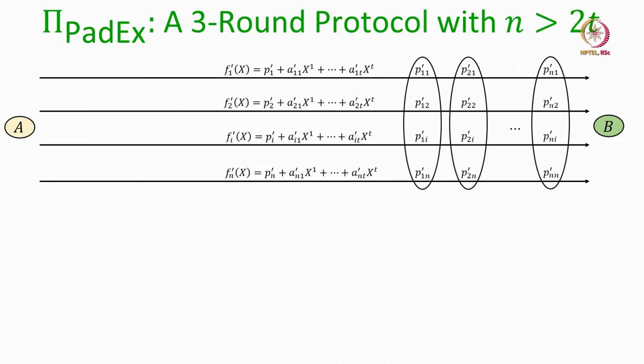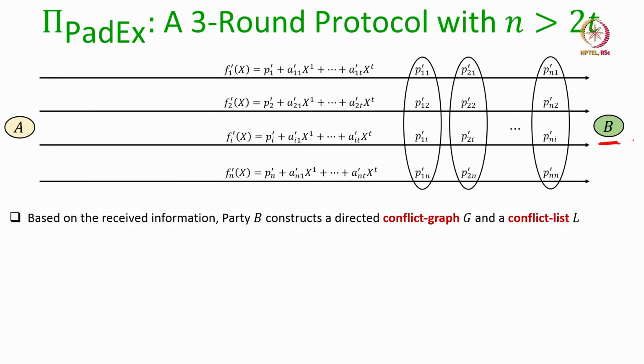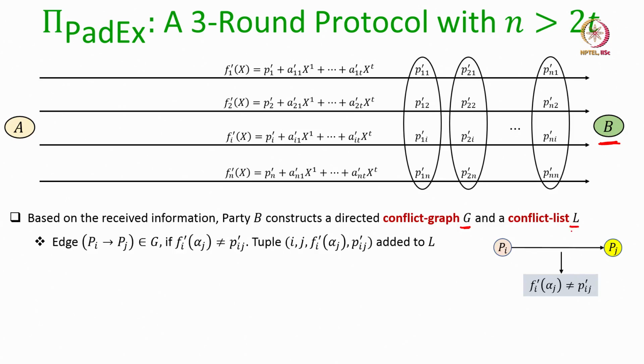Now, based on whatever information party B has received at the end of round 1, it prepares a conflict graph G, and corresponding to that conflict graph G, it computes a conflict list L. So, let us see what exactly is the conflict graph.